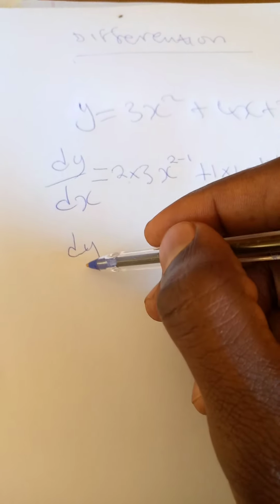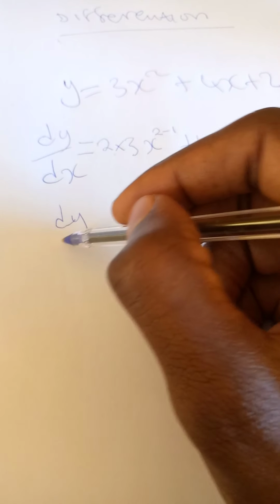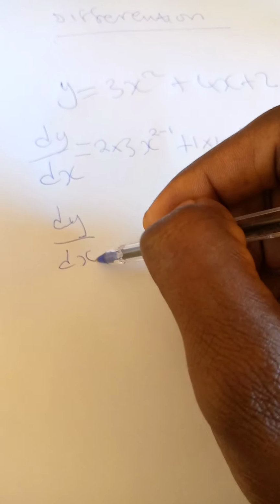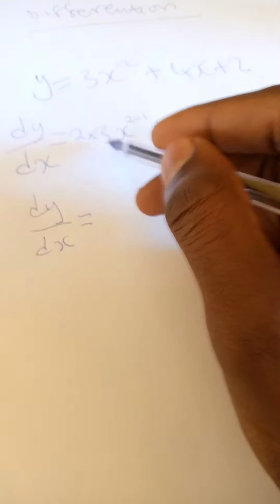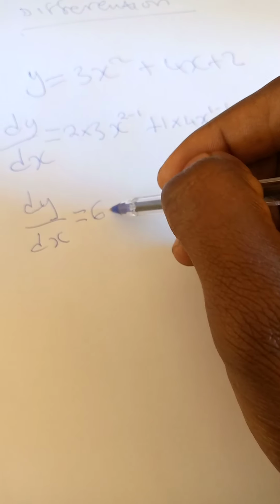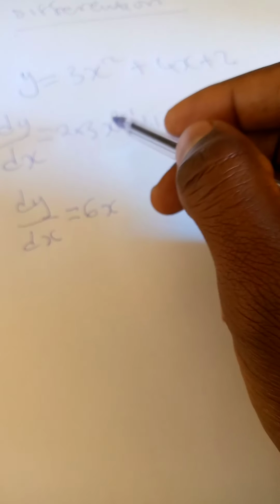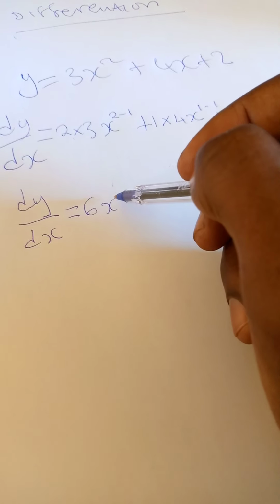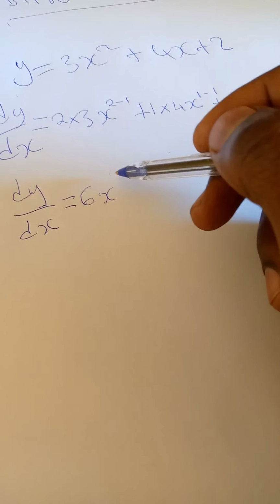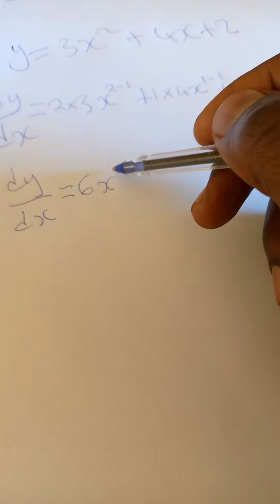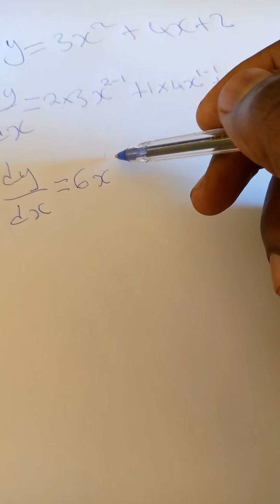So my dy dx here will be equal to 2 times 3, I get a 6, then x to the power 2 minus 1, which is a 1. But we don't have to write this 1; we only write the power starting from 2 going upwards.